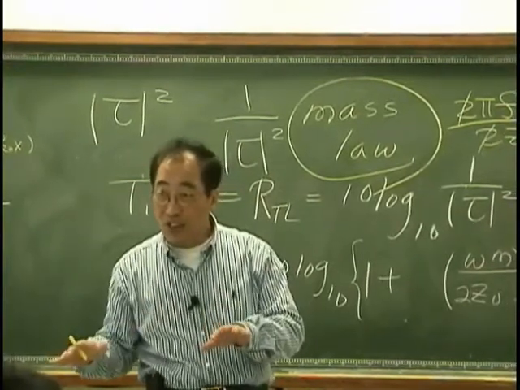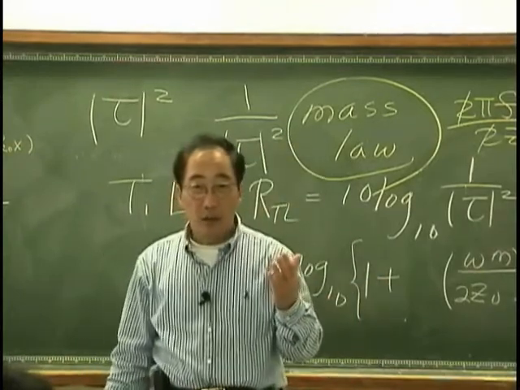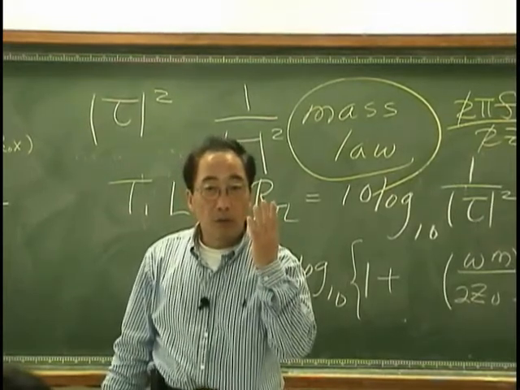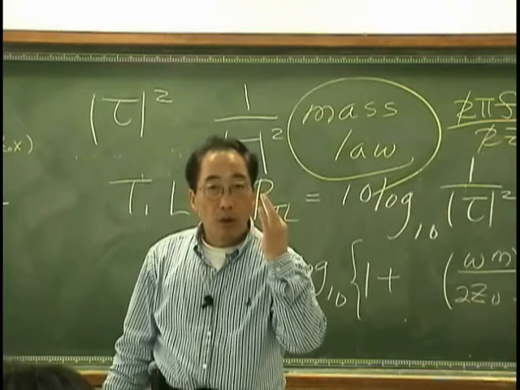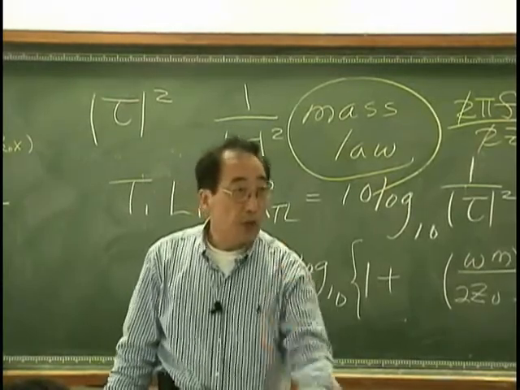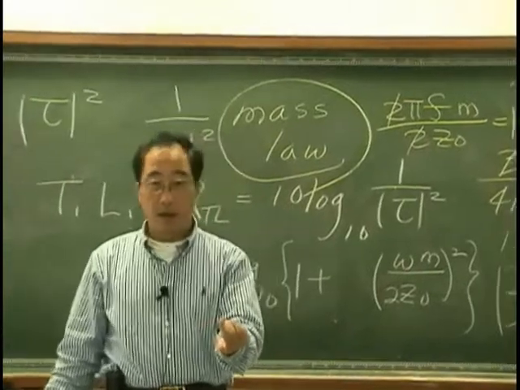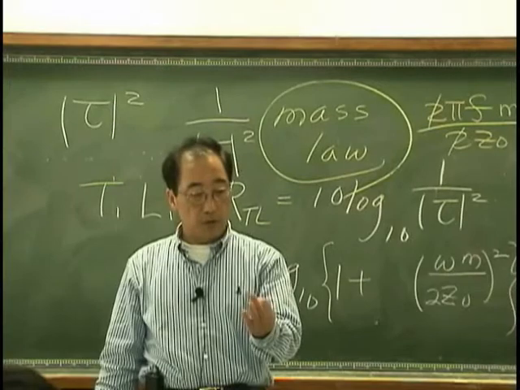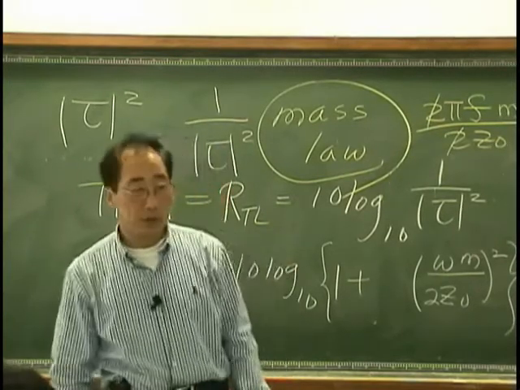Not using a computer, you just use 132, and then what you need is your fingers. 132, 13, 26, 52, 100, 200, 400, 800. Okay. 26, 52, 100, 200, 400. Yeah, right. 36 dB.